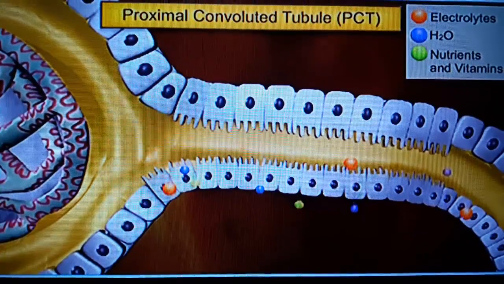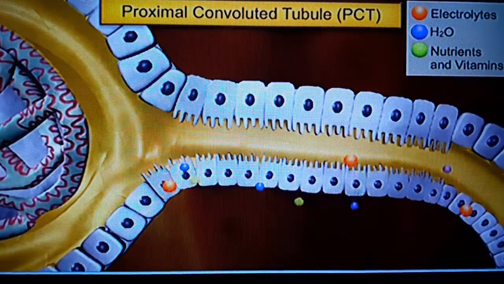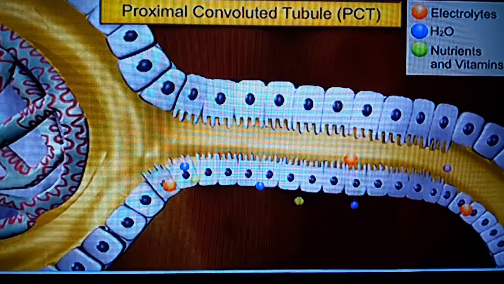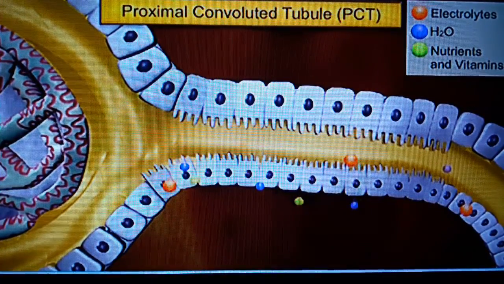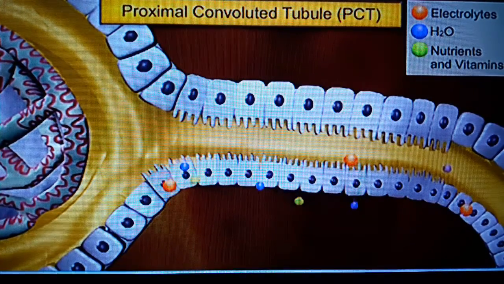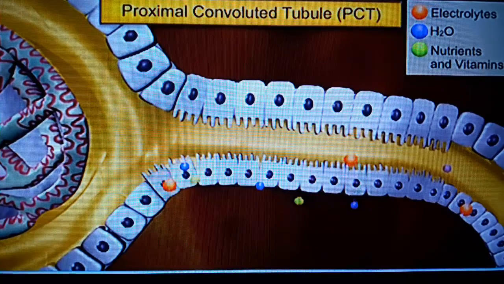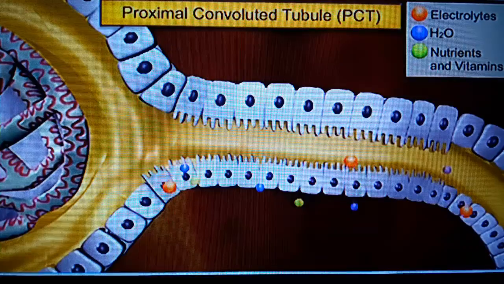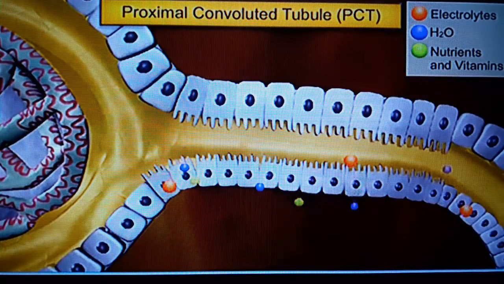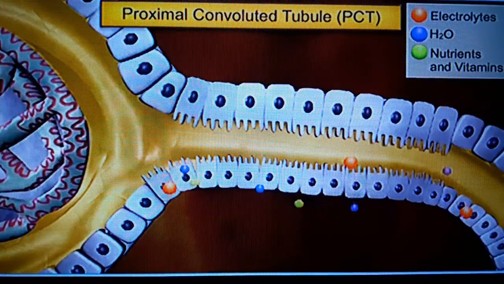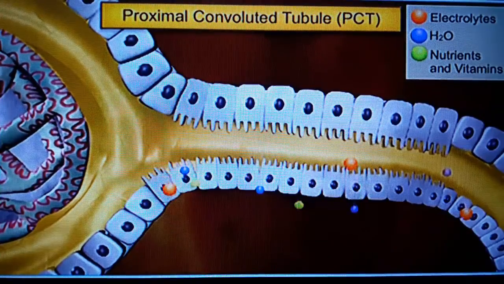Water and some other substances like urea, ammonia and ketone bodies are also reabsorbed by osmosis. About 80% of water and 50% of urea from the glomerular filtrate is reabsorbed into blood by this process. So through osmosis, you can easily identify 80% of water and 50% of urea reabsorbed into blood.